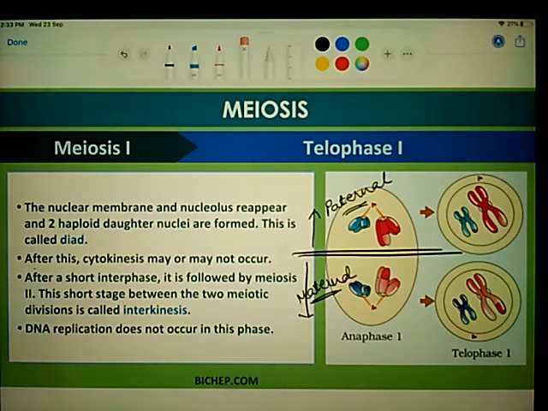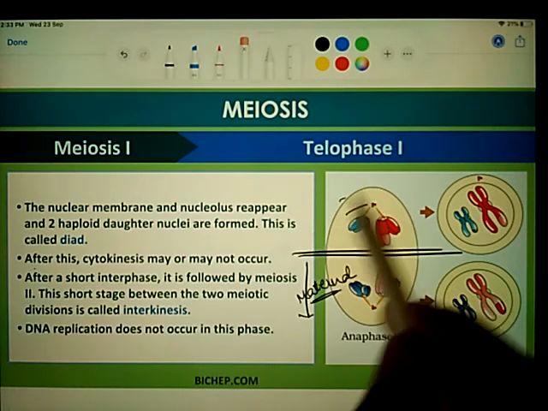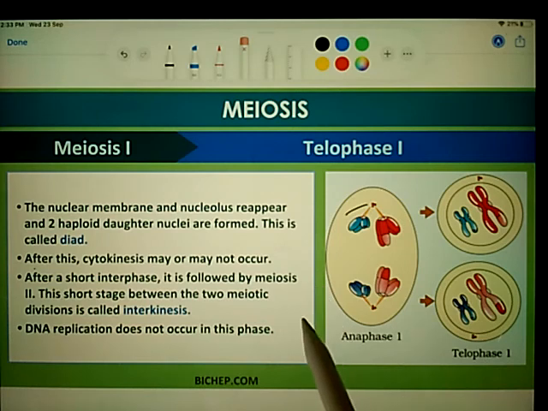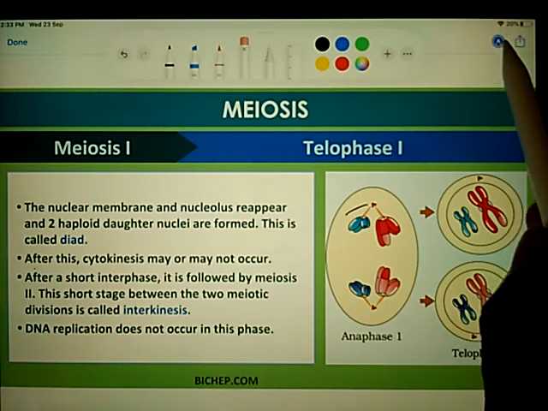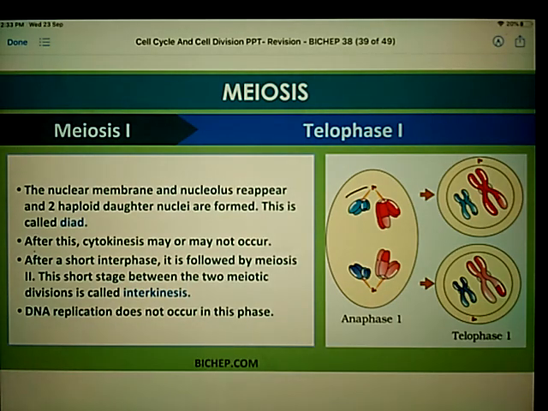Second time, at the time of the division, DNA replication does not occur. So that's what also to be remembered. So that's the story of telophase. Ready? So two daughter cells are formed by the process of telophase 1. Fine. Take the screenshot and then we are moving ahead.